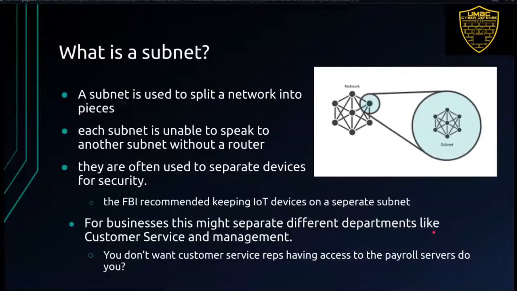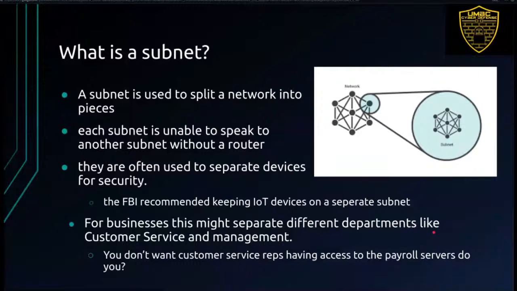And subnets are generally used for security. In fact, the FBI actually recommended keeping IoT devices on a separate subnet from normal people. That just shows you how insecure IoT devices are if they're recommending normal people understand what is happening here.